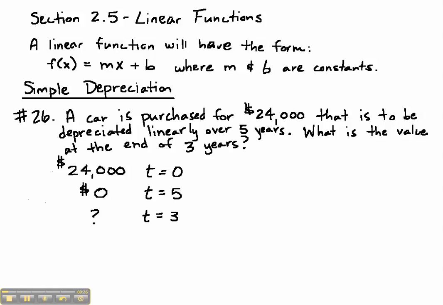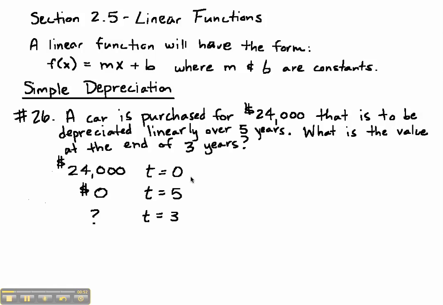A car is purchased for $24,000 that is to be depreciated linearly over 5 years. What is the value at the end of 3 years? And as you read over this problem, the first thing that you want to do is pick out the numbers that they give you in the problem. Notice here I've already written down that the car is worth $24,000 when you first purchase it.